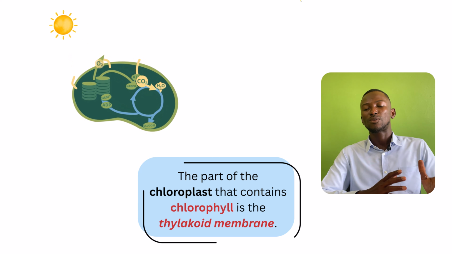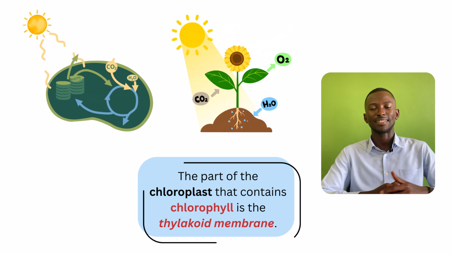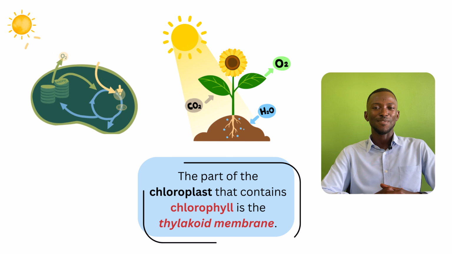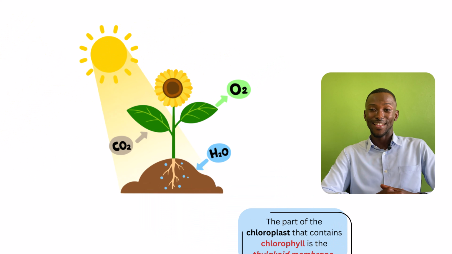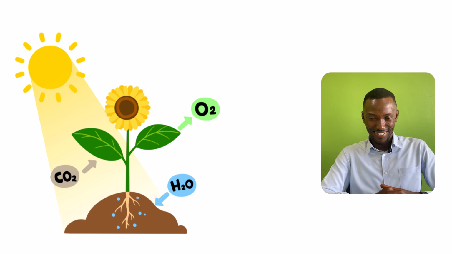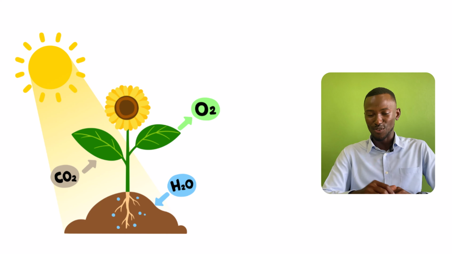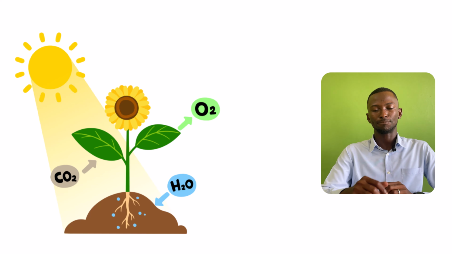Because plant cells have chloroplasts, they are able to undertake photosynthesis. But sadly, humans do not have chloroplasts, so we cannot photosynthesize. Yes, humans cannot photosynthesize because of the absence of what? Chloroplasts.